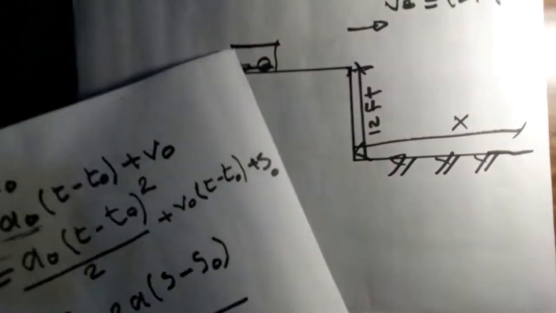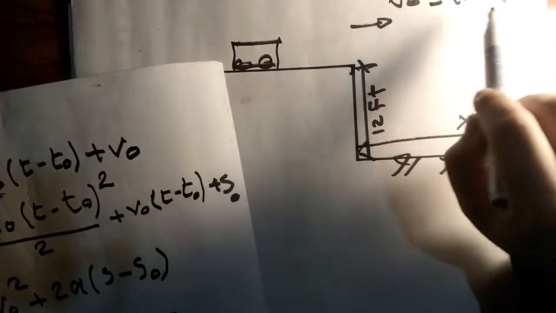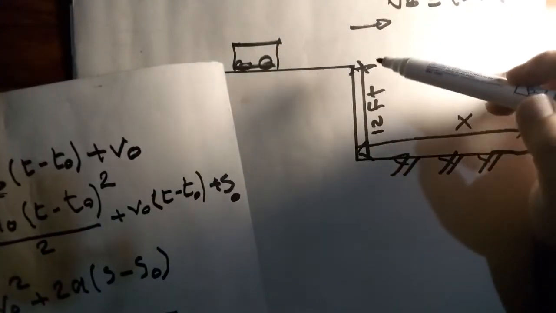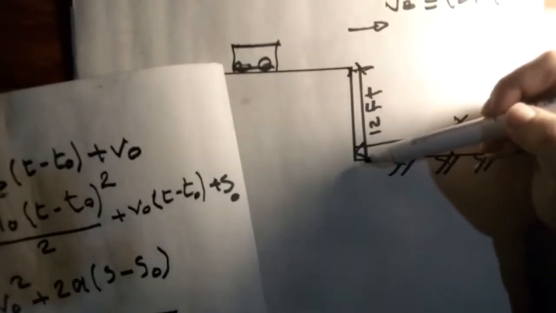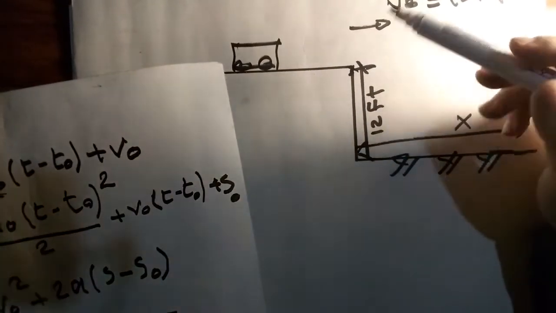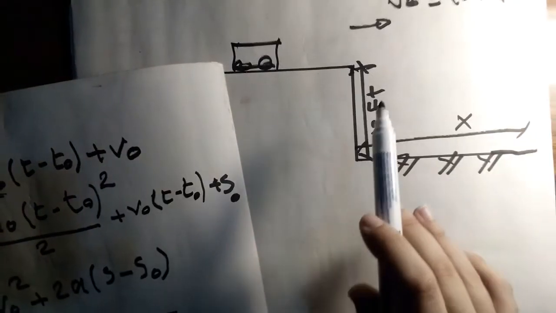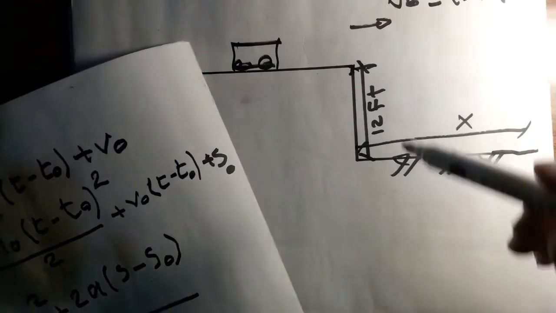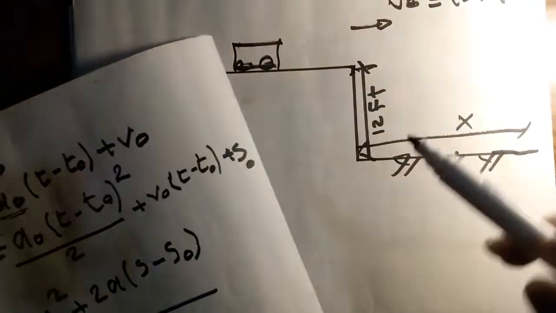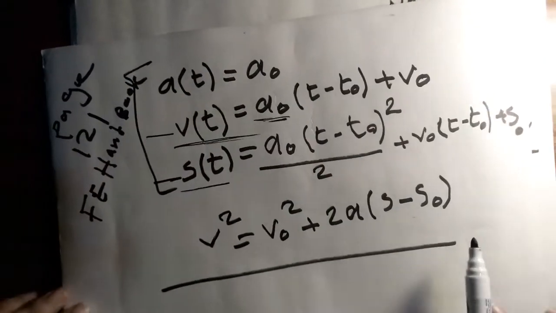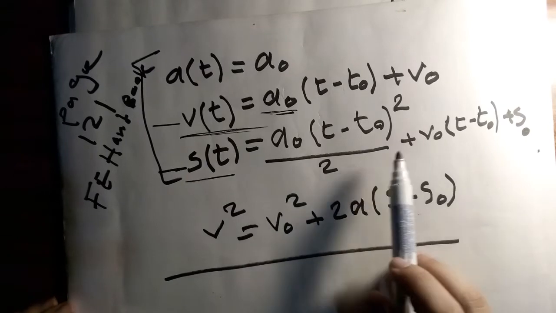Let's think, here we have this horizontal velocity which is independent of this vertical motion. So here we cannot use it in the time calculations. Here we have the vertical distance, so we can use this third equation to find the time.